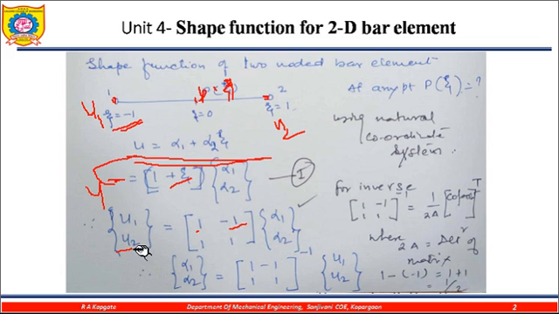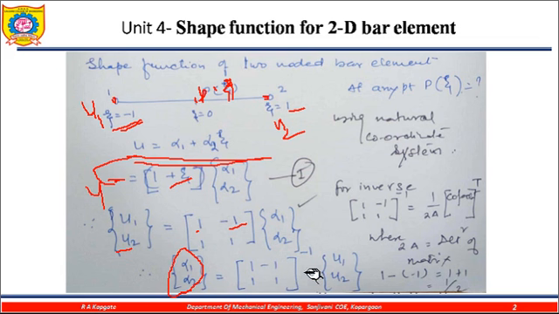Now u2, where xi is equal to 1, so here 1 and 1 multiplied by alpha 1 and alpha 2. Hence the column matrix alpha 1 alpha 2 is equal to the inverse of the matrix [1 -1; 1 1] multiplied by the column matrix u1 u2.